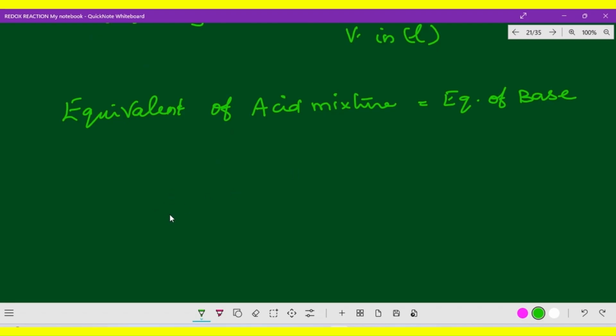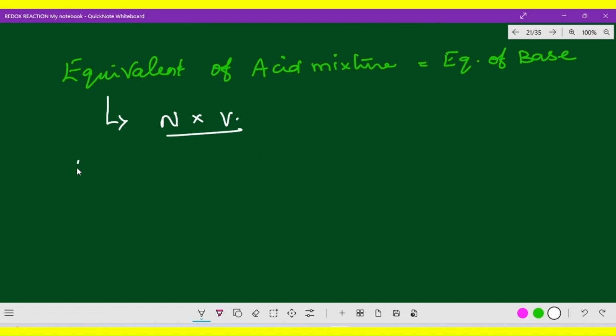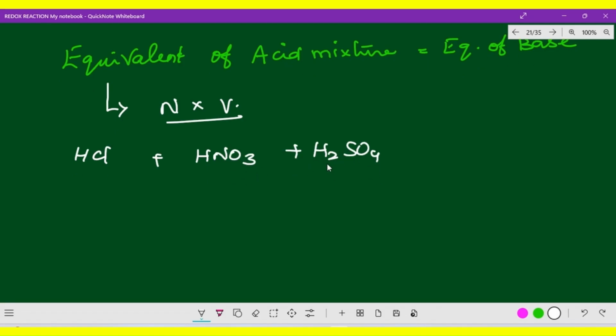So how do we identify equivalents? Normality into volume of solution, for each and everything: HCl plus HNO3 plus H2SO4. The H2SO4 normality we also found just now.